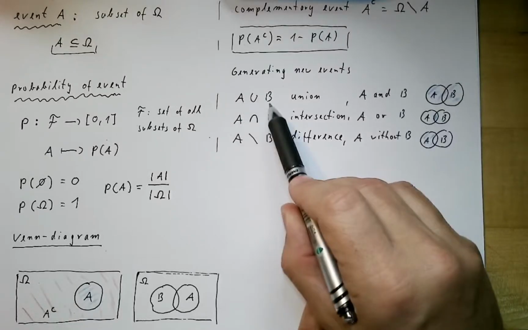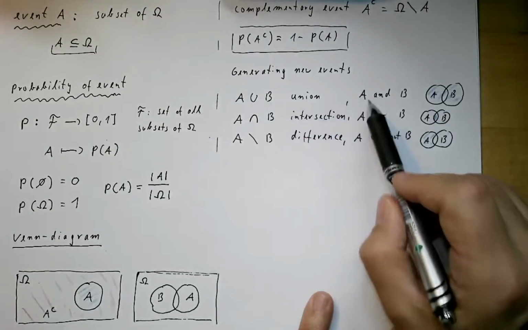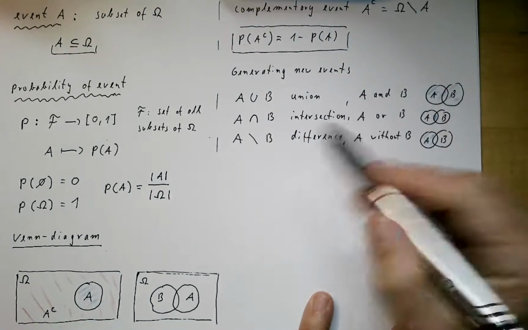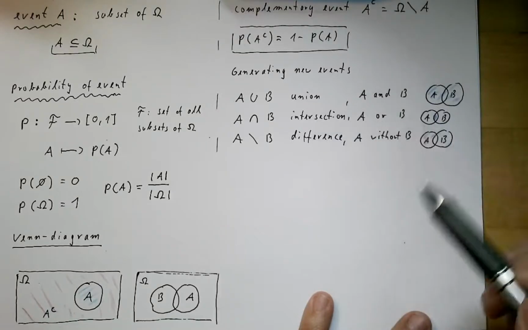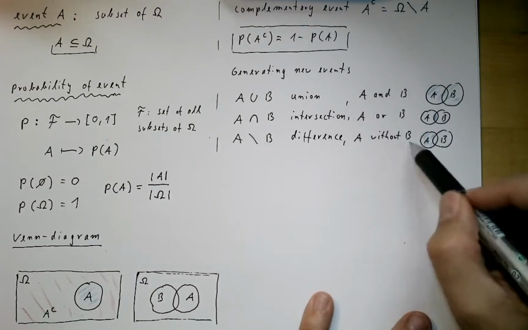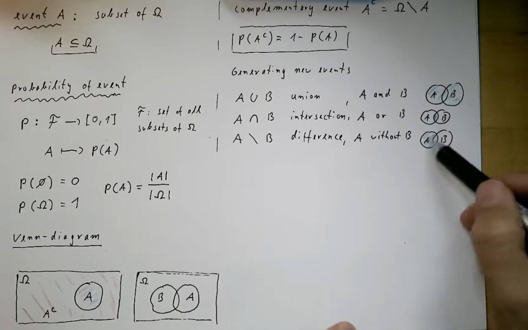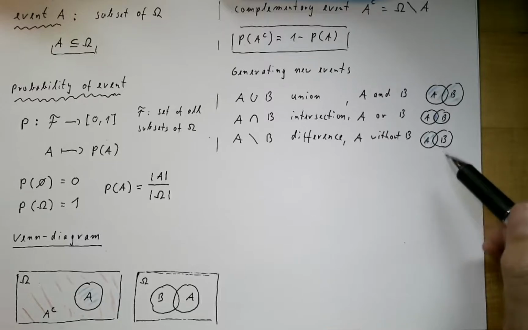We can take the union, or we can have the intersection, or we can have a difference, and we say A without B, and we have here the different events graphically depicted as Venn diagrams.